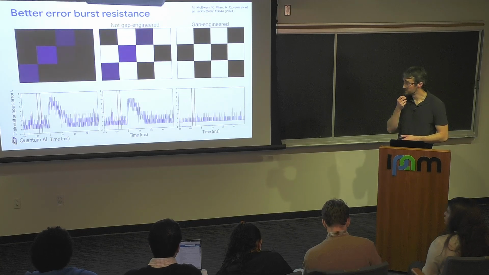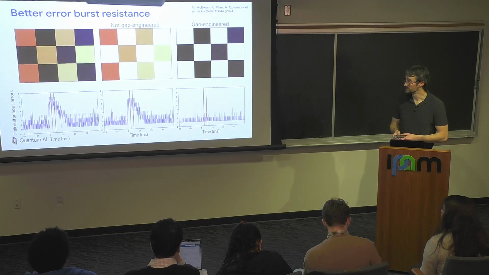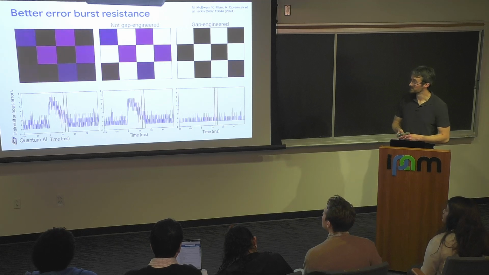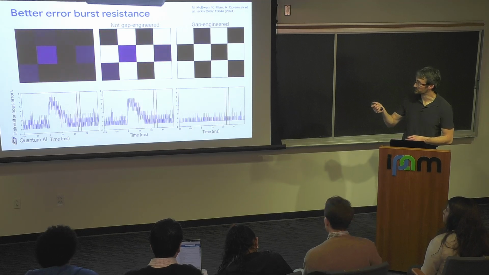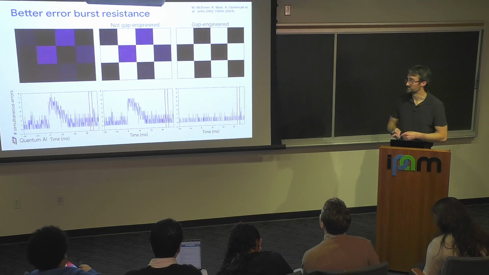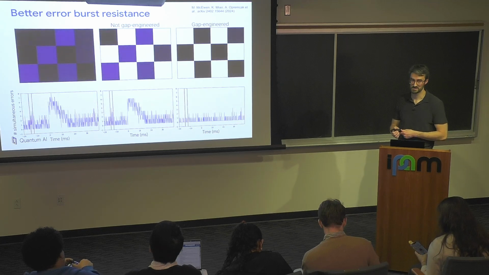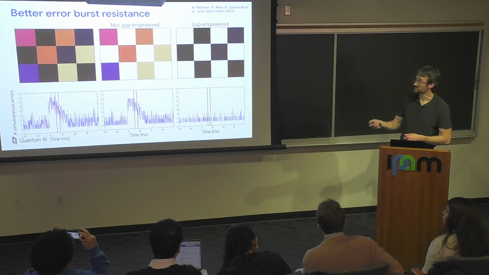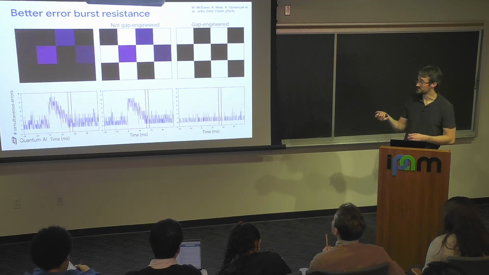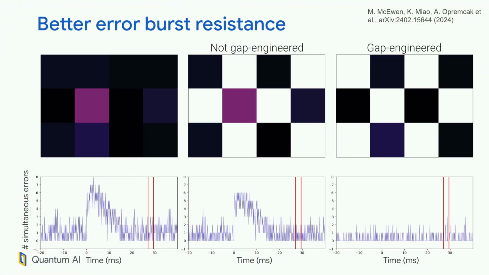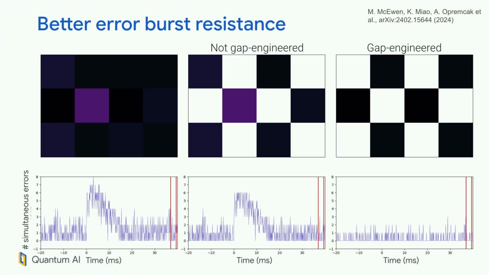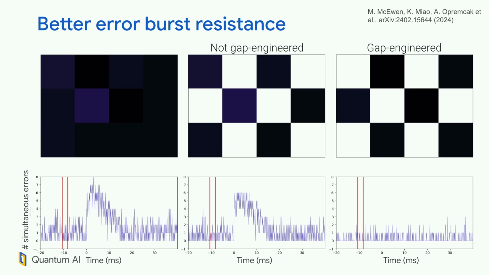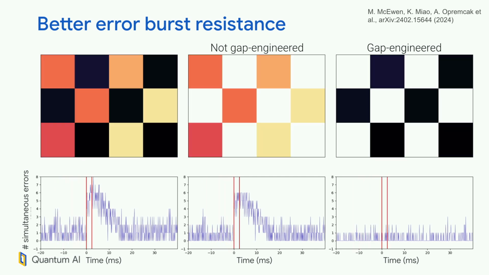So we made a new generation of devices that are so-called gap engineered. There's a citation there if you want to go and read the details, but they are now very resilient to these high energy events. So that was another improvement that we made to our devices. And to really show the effect, we made a test device where we made a grid of qubits. This is the grid of qubits, and we interleaved the ones that were old style and new style.